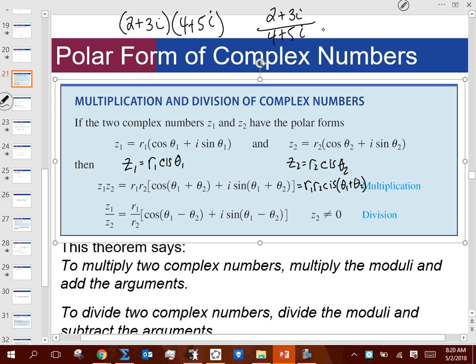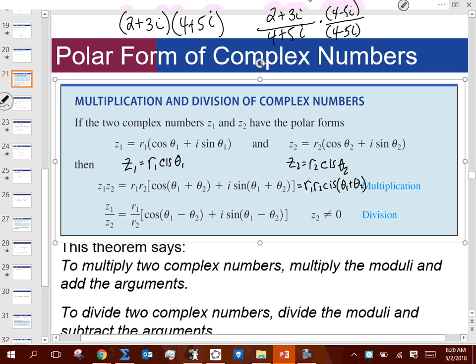It's kind of like how we divide radicals. We actually have to use not the reciprocal, the conjugate. We multiply by 4 minus 5i over 4 minus 5i, and that will eventually alleviate the i's in the denominator, give you a rational number in the denominator, and then you'll be left with some i's up top.